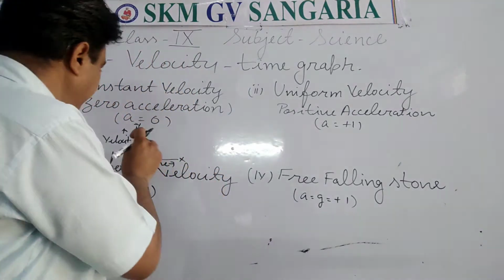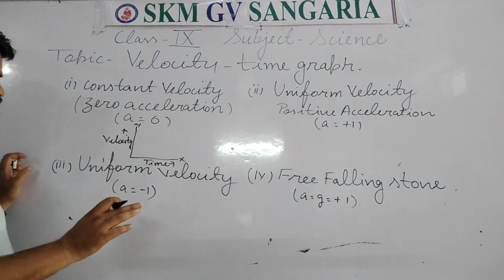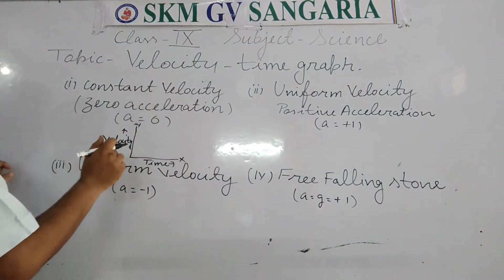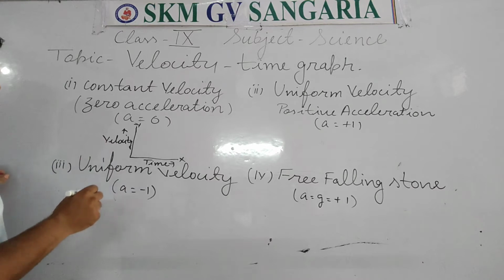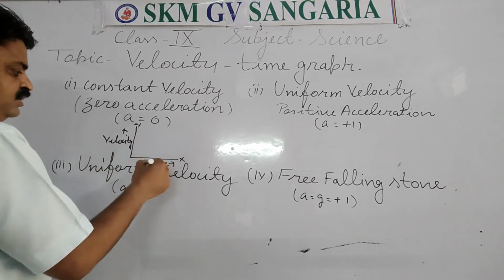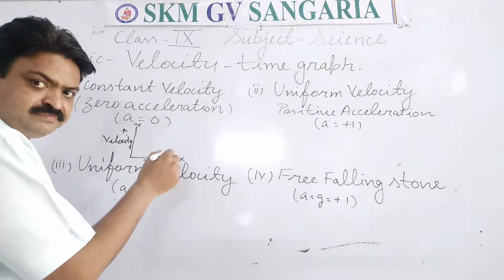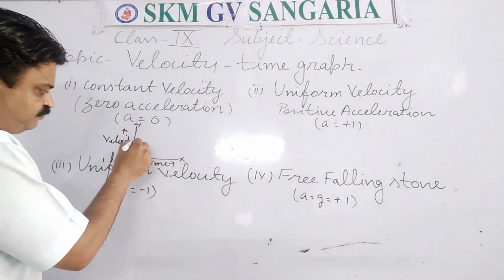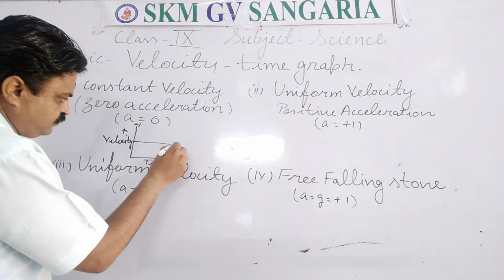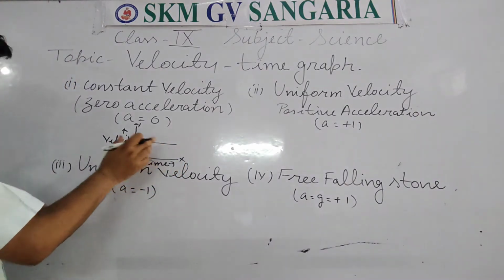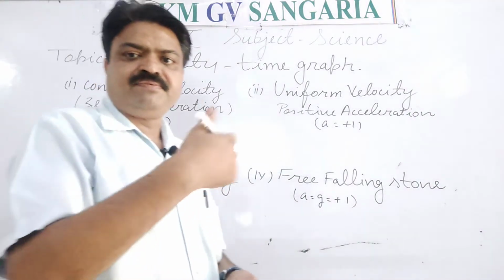So in the case of constant velocity, if we draw the graph, student, that graph will be parallel to the time axis, meaning parallel to the x-axis. In this type of graph, the acceleration will be 0.